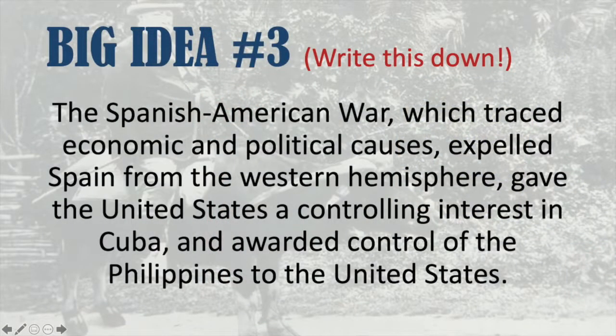U.S. activity in the Caribbean is outlined in our third big idea. The 1898 Spanish-American War, which traced economic and political causes, expelled Spain from the Western Hemisphere, gave the United States a controlling interest in Cuba and other Caribbean nations, and awarded control of the Philippines to the United States.